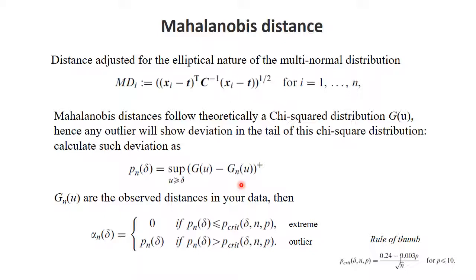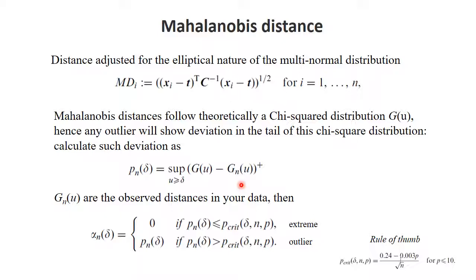One thing that is interesting to notice is that theoretically these distances follow a certain distribution. If the underlying background population is normally distributed, then these distances follow a chi-square distribution. And so it makes sense, of course, to compare the quantiles of this chi-square distribution with the empirical quantiles calculated from your data.